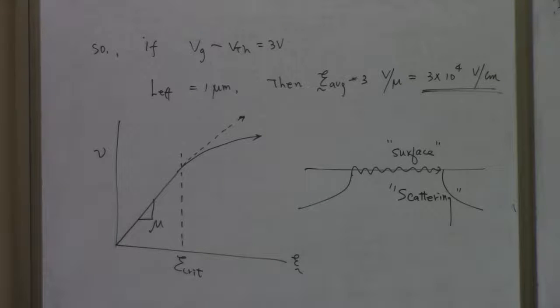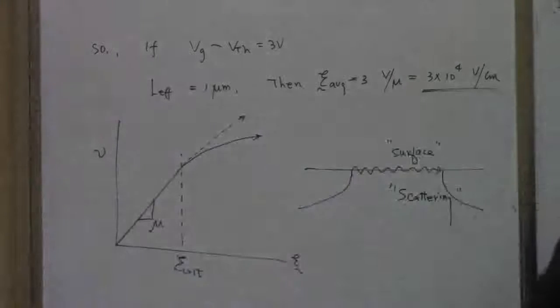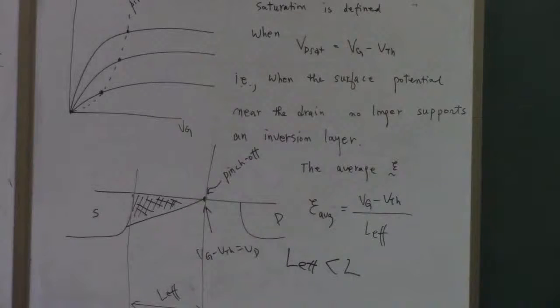The device is so small, and the drain voltage is high enough to get a pinch off in the channel, so that we are going to have a new value, L effective, which is very much less than the designed length of the gate.